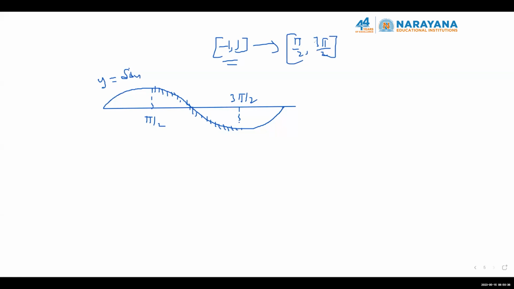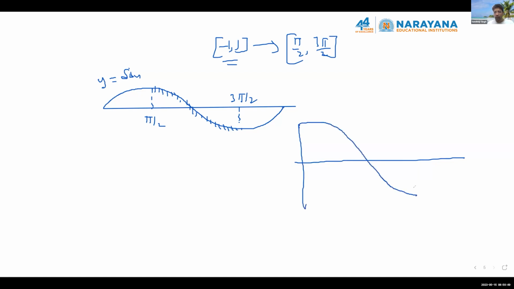Yes, sir. Similarly, they have defined cos inverse not from 0 to pi, but from pi to 2 pi. So cos inverse looks like this. If I start from 0, it will come down from here till here, and then it will move up and reach 2 pi. So they have defined this from pi to 2 pi. Correct?